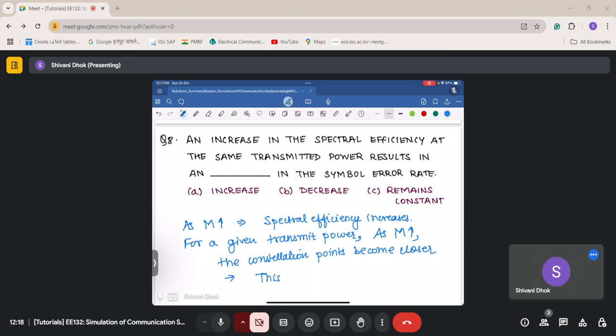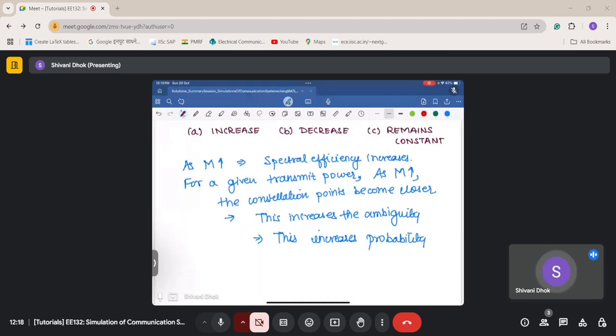This reduces, sorry, this increases the ambiguity, and hence this increases the probability of error.